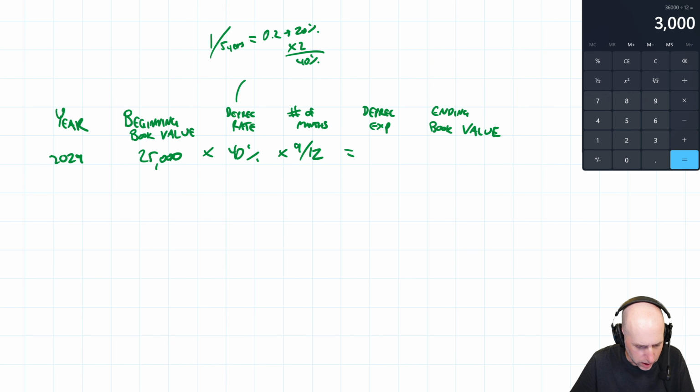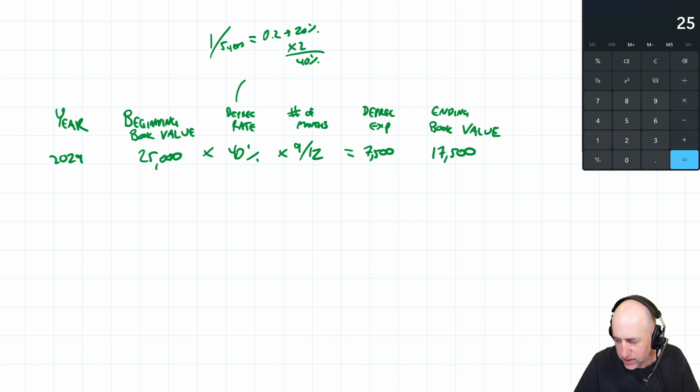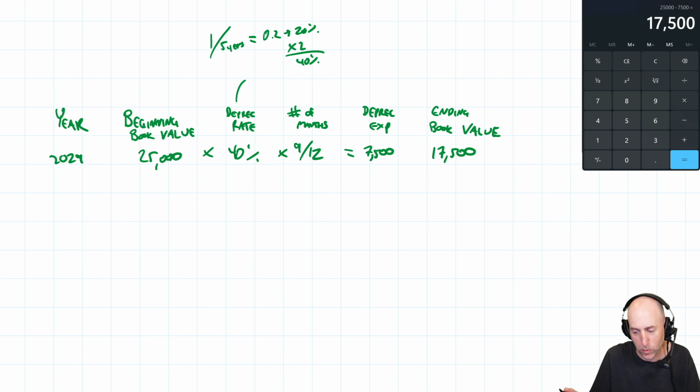Looks good to me. 25,000 times 0.4 times 9 divided by 12. I get 7,500. Okay, so my beginning of year value of my asset was 25 grand. I'm going to depreciate it for 7,500 in the first year, bringing me down to an ending book value of 17,500. That's 25 minus 7,500. Okay, that's 2029.